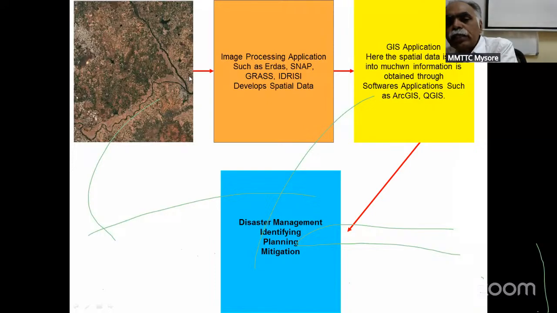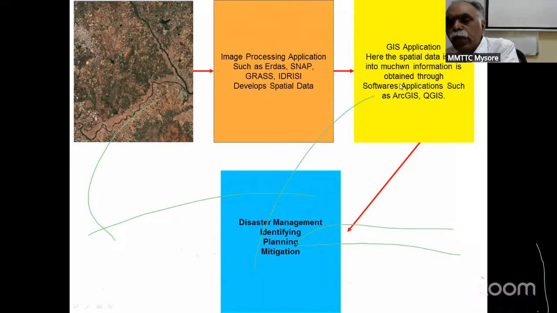So satellite images are the storage of information that has to be analyzed and processed, and data should be generated. The data generated from this platform should be brought into the GIS application platform.